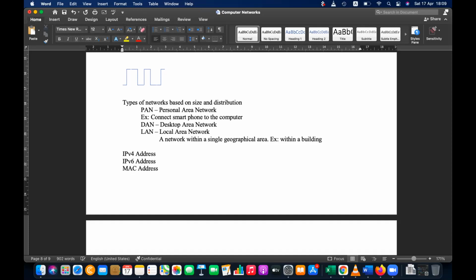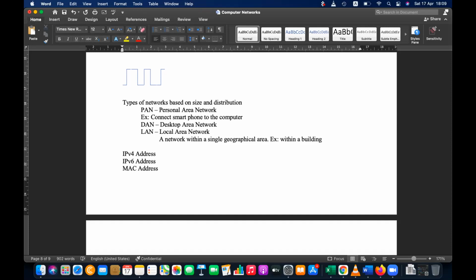Right, within a building. Single geographical area means that geographically you don't see any distinguishable or extreme differences. So it's almost the same. If your house is warm or hot, then almost every place in your house has the same geographical features.